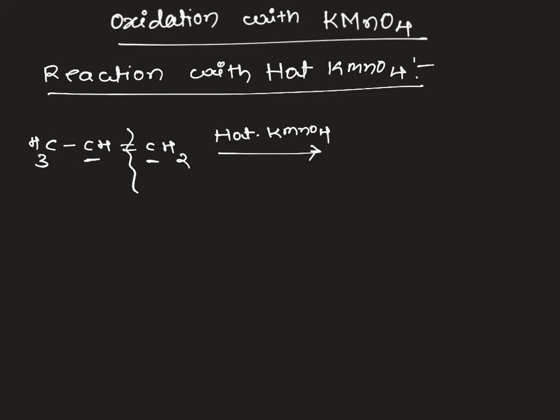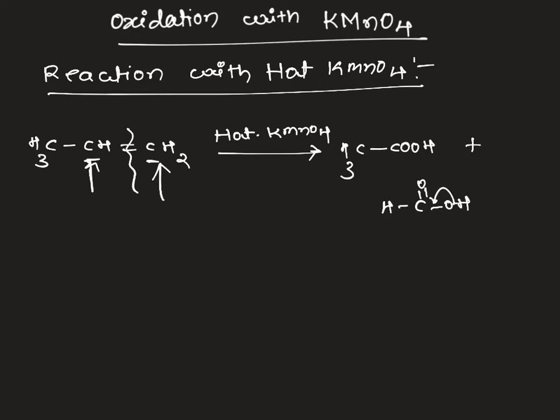The product formed is CH3COOH, where this carbon is converted into carboxylic acid, plus here another carbon which is converted into carboxylic acid. One carbon carboxylic acid is formic acid. But in this condition, hot KMnO4, formic acid is not stable.